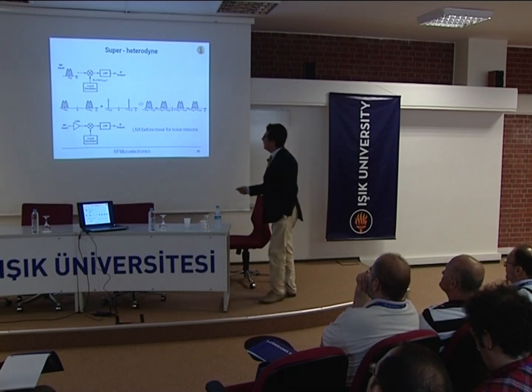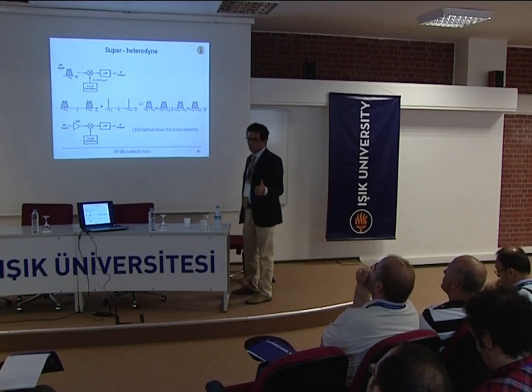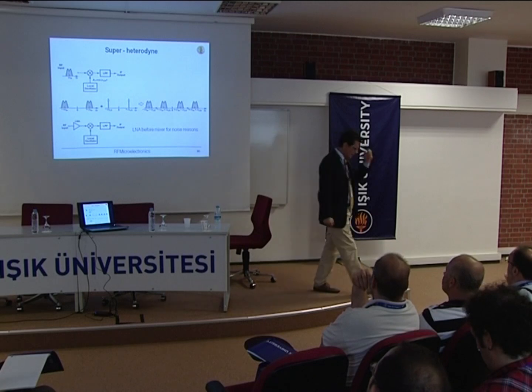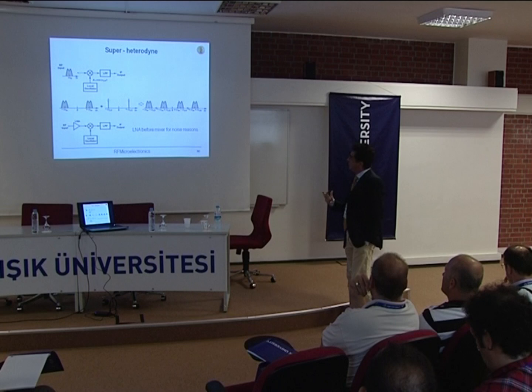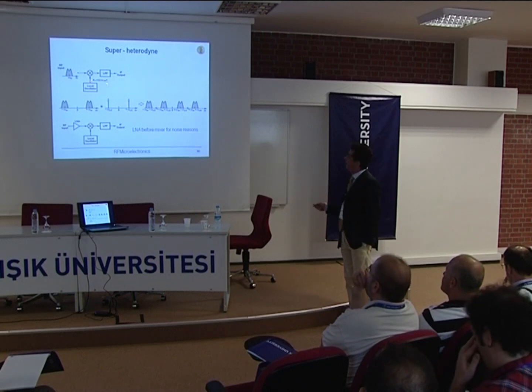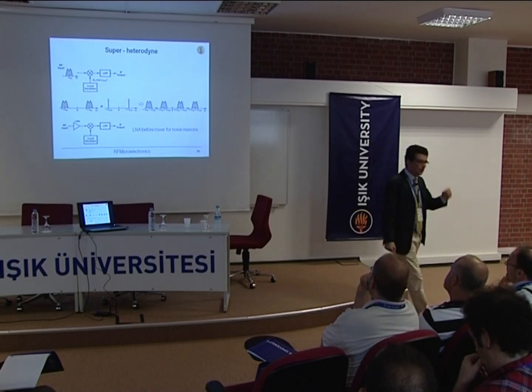So we have understood we cannot select the channel at the antenna, so we make some elaboration. In this elaboration, at some point, we will need to convert the band to a lower frequency where we will be able to perform this channel selection.